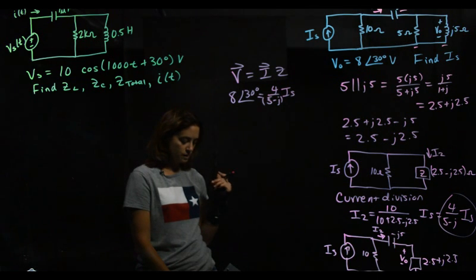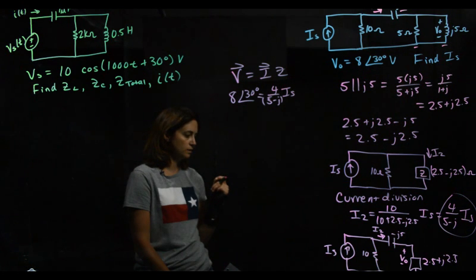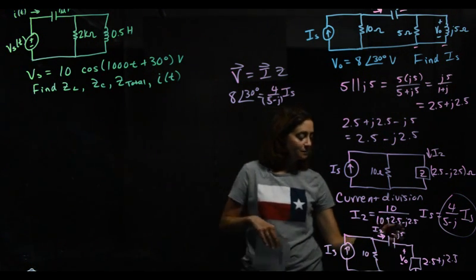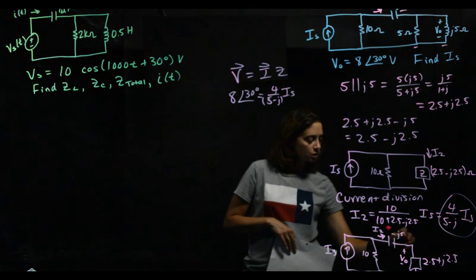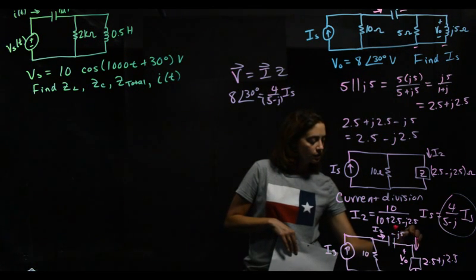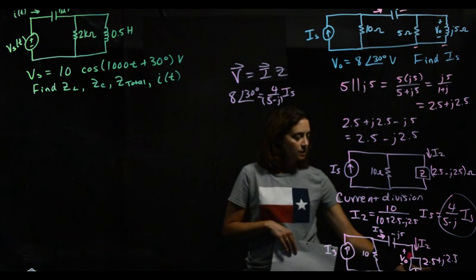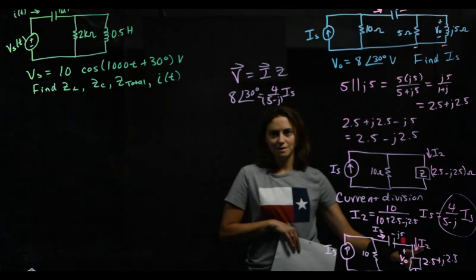Right, wrong, right, wrong, I don't know, maybe. No, my Z is just this one. I'm getting myself all confused, because this current goes through here, I2. So I have the voltage, I have the impedance, I'm looking for the current. I finally got there.